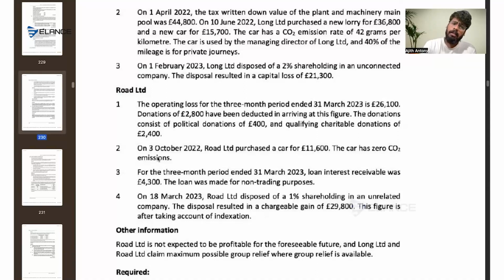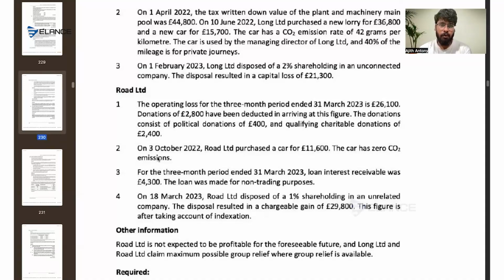But here we have an issue, because Rod Limited purchased that car on 3rd October 2022, and their first accounting period started on 1st January 2022. Actually, this car's price of 11,600, they had paid before the accounting period, before the first accounting period.